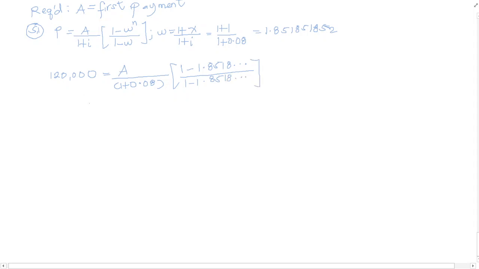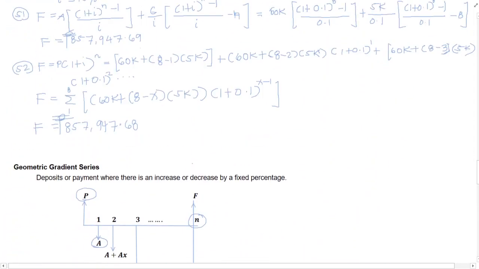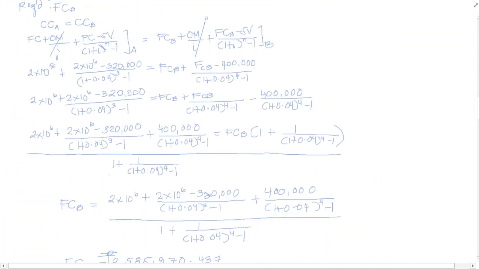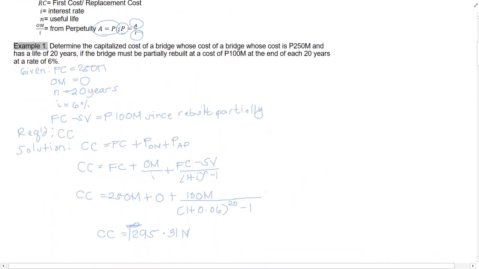So our A there, if we compute for that, is equal to 5,313.14 pesos. So that is our final answer. That ends lesson 3, that is capitalized cost, annual cost, and the gradient, the uniform arithmetic gradient and the geometric gradient.